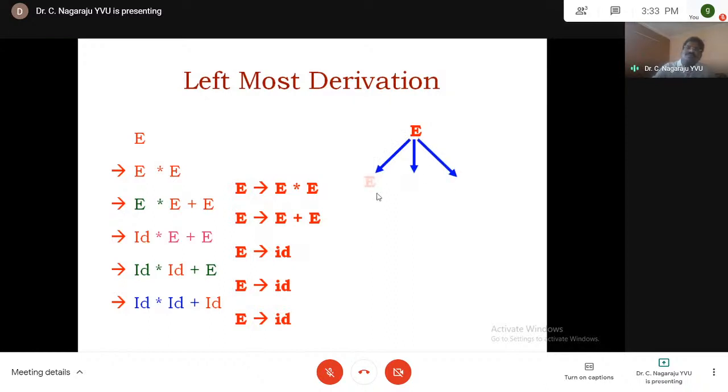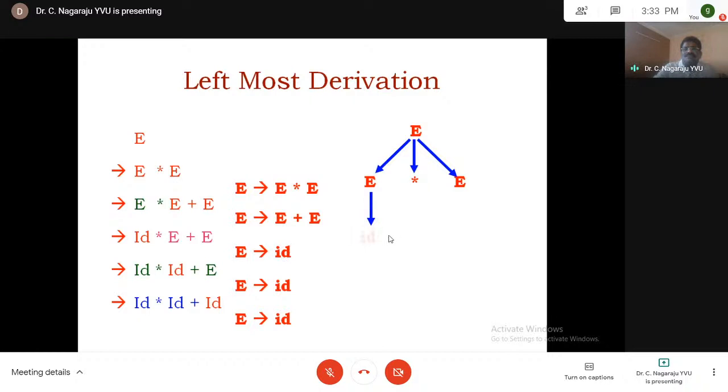Here is the first E, the leftmost E, and the next is star, and the next is E. It starts from left to right. After that, there are two E's, the two non-terminal E's. In this case the leftmost will be replaced first.